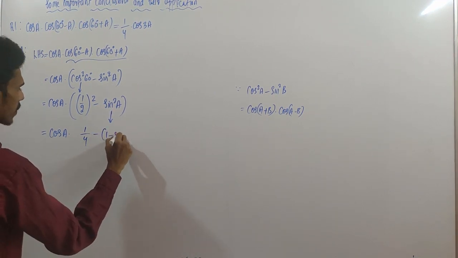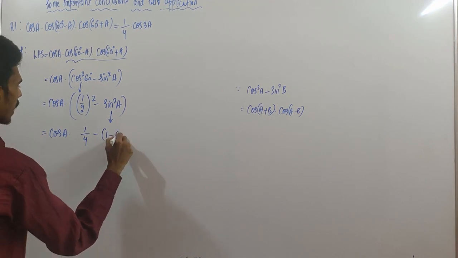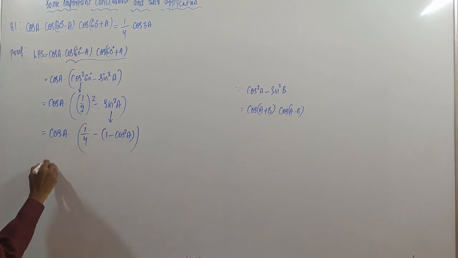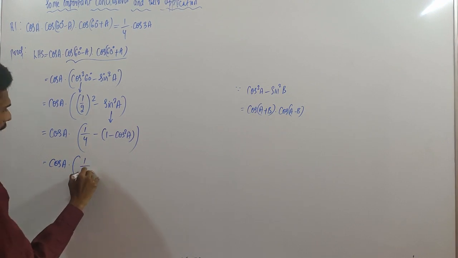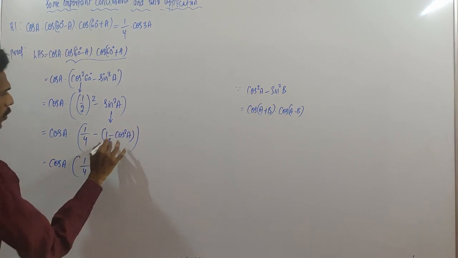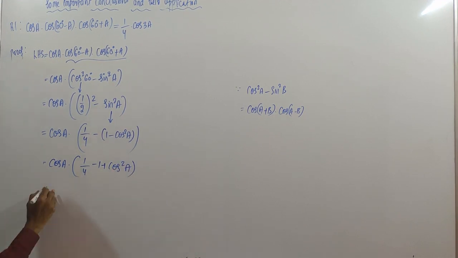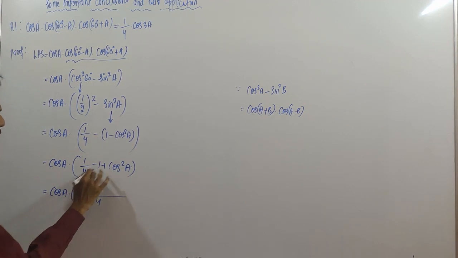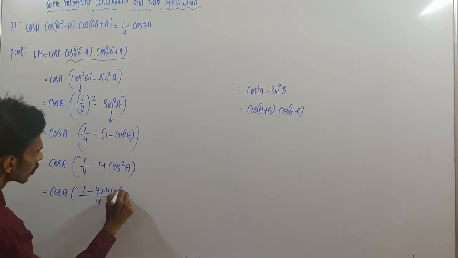It will become 1 minus cos square A. So we have cos A into, now multiply the minus sign, minus into minus, plus cos square A. That is equal to cos A into, take LCM here, we have 4, 1 minus 4 into 1, 4 plus 4 into cos square A.